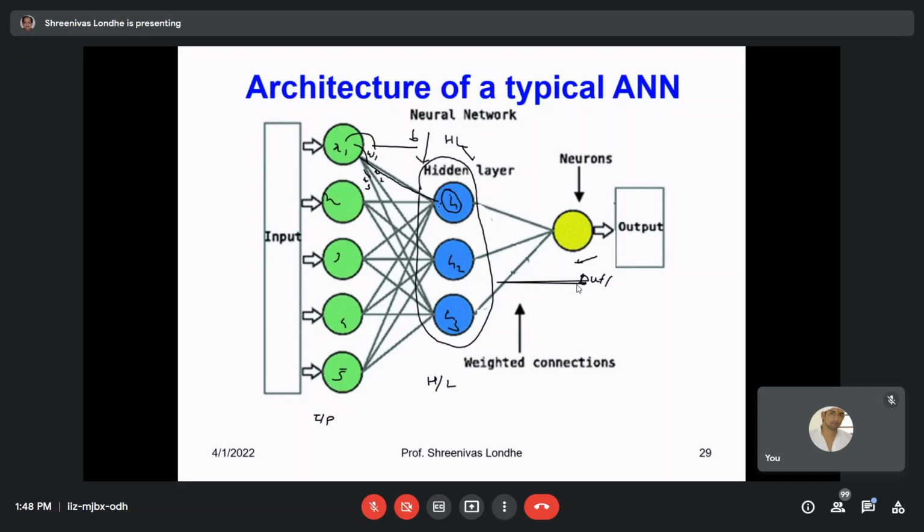Transfer function will be used, and the output of that product and addition will be transferred using the transfer function, which is also known as the activation function. Again, the information is received at this particular end. The output of this first layer, input to hidden, will be utilized as the input for the next layer combination, and the information is again processed in a similar manner to the output.